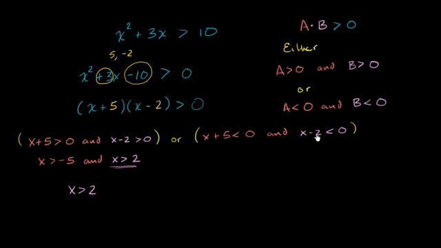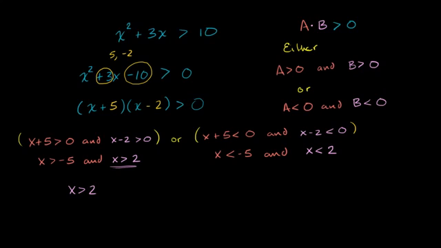What about this statement right over here? Well, x plus 5 less than 0, subtract 5 from both sides. That is x is less than negative 5. And add 2 to both sides of that inequality, you get x is less than 2. Now, if x is less than negative 5 and x is less than 2, what do we know about x?